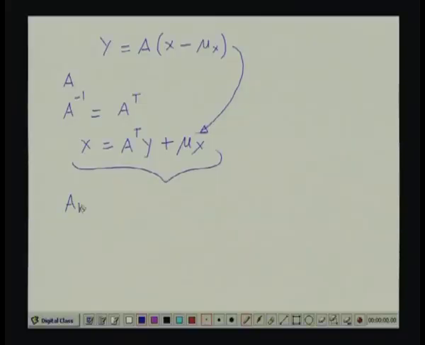Rather, I consider say k number of eigenvectors, and using those k eigenvectors, I make a transformation matrix say AK. So, this AK is formed using k eigenvectors of matrix Cx.